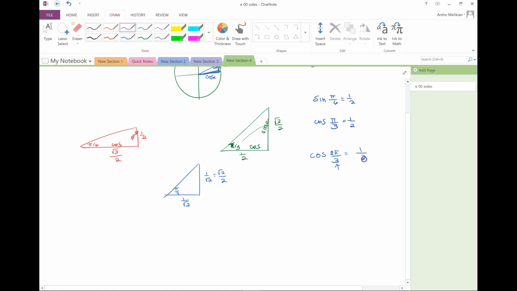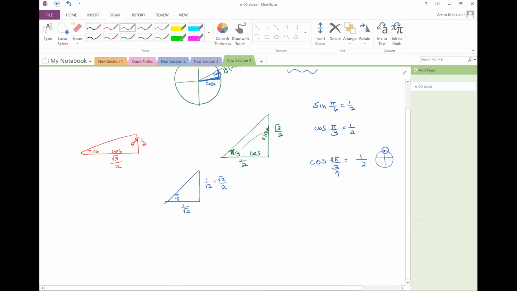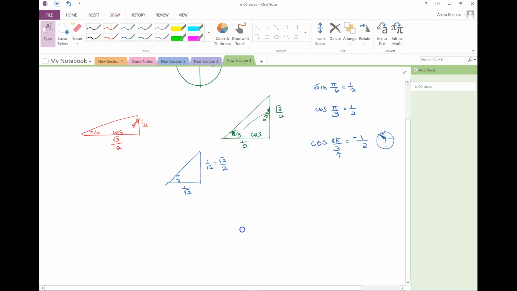But now I need to fix for the plus and minus. So I ask myself, in what quadrant is 2 pi over 3? It's in quadrant 2. Here, cosine is negative, so this is negative 1/2.